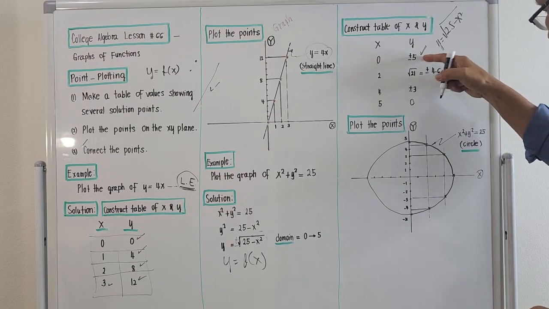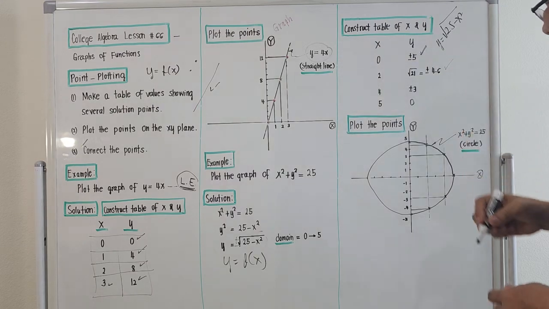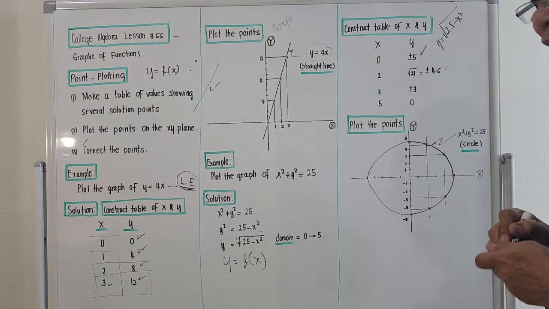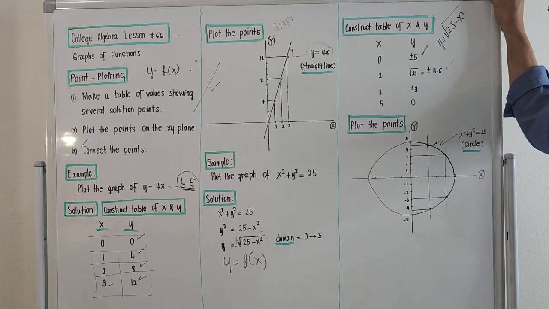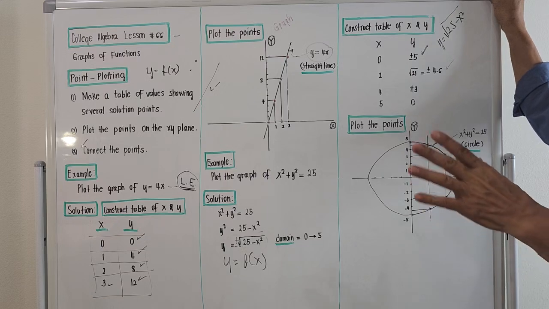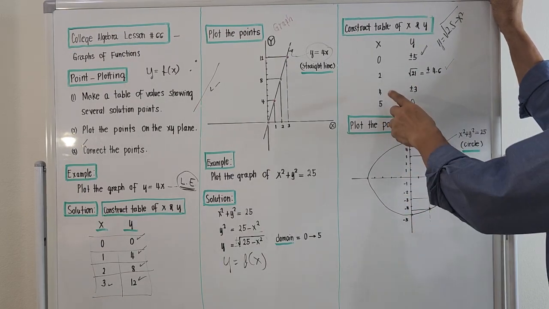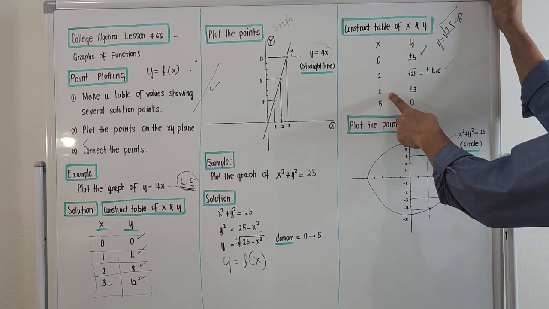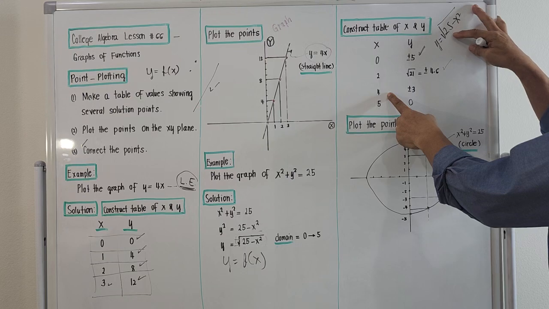So if you try to notice it, the value of y is actually decreasing, right? So actually we are almost through the so-called process of bringing out the nature or the shape of the graph, right? When x is 4, what will come out? 4 squared is 16. 25 minus 16 will be 9.